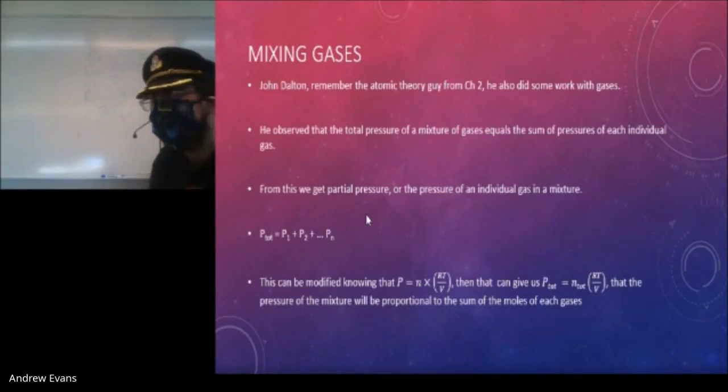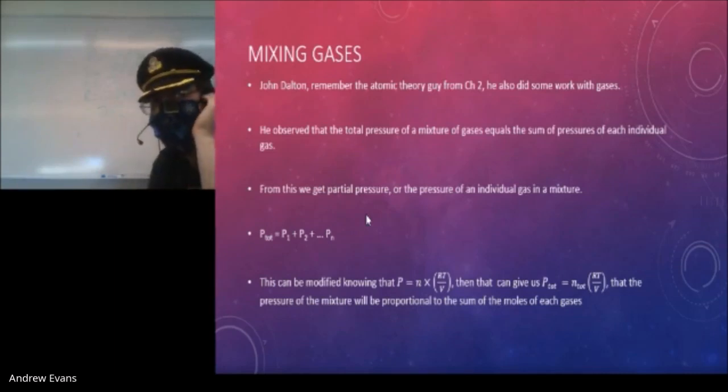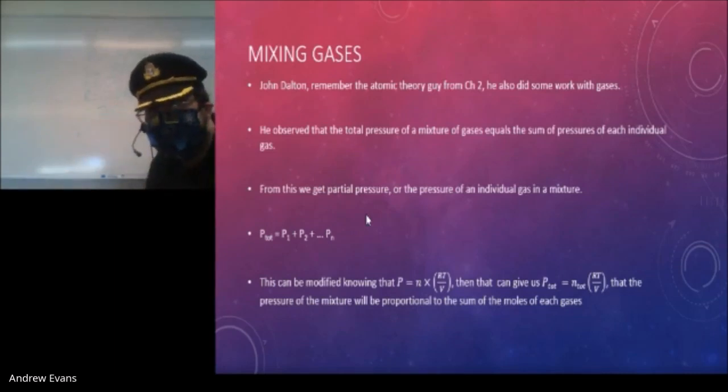He had his atomic theory where atoms are the smallest individual units, and that compounds go together in a certain ratio and all that jazz. But he also did a bunch of work with gases at the same time. One of the things he found is that the total pressure of a mixture of gases actually turns out to be the sum of the pressure of each individual gas.